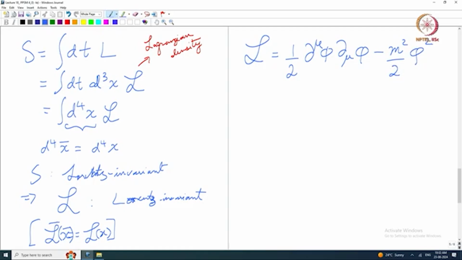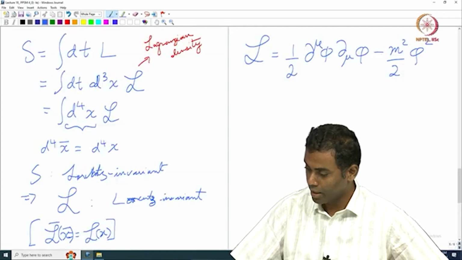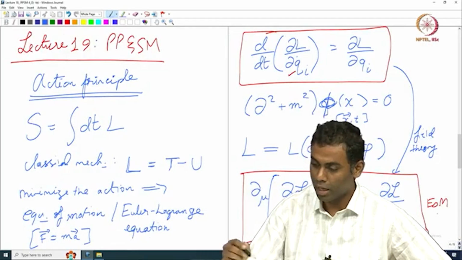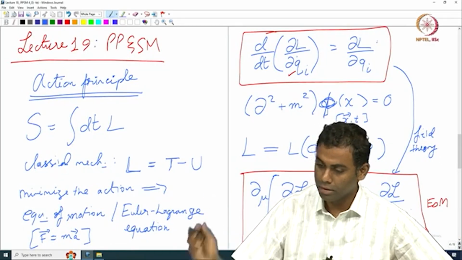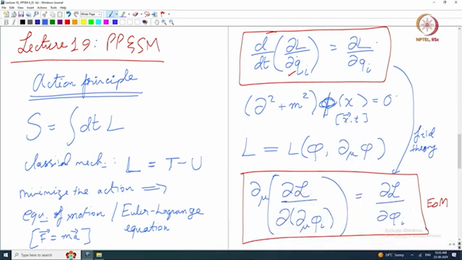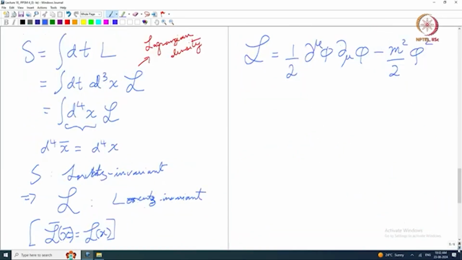Okay, you can go and convince yourself that if I take this as the Lagrangian density and I plug it into the general equation of motion, I will get the Klein-Gordon equation. Okay, but there are certain reasons to be sure that this is the Lagrangian.